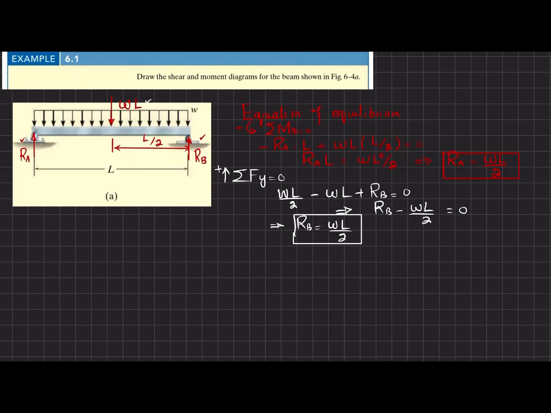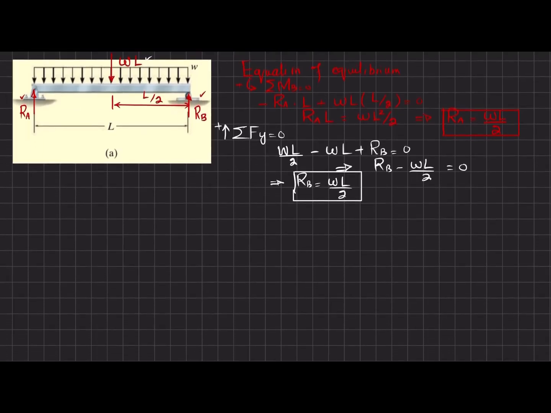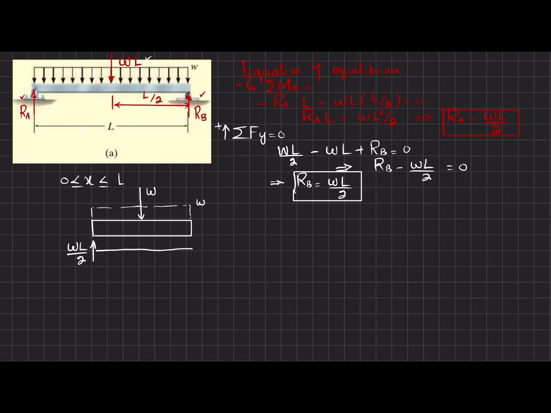So we will move on and section the beam at any point. If we section the beam at any point and draw the free body diagram, for x greater than or equal to 0 and less than or equal to L, if I cut the beam and draw its free body diagram, definitely here we have RA, which is wL over 2, and we have a distributed load of magnitude w, which when converted gives w into x, where x is the distance at which we have cut this beam.